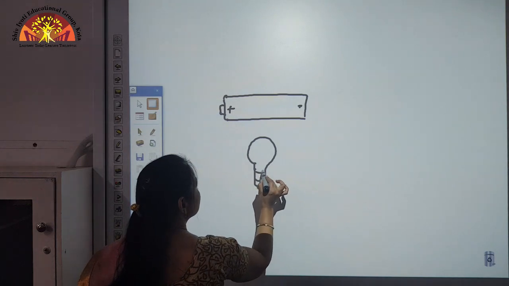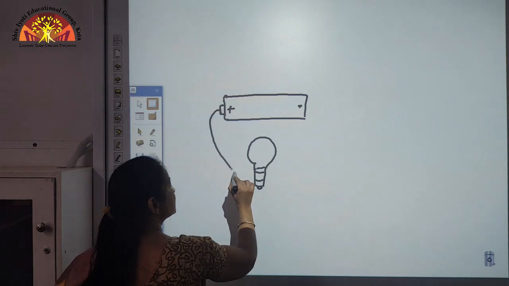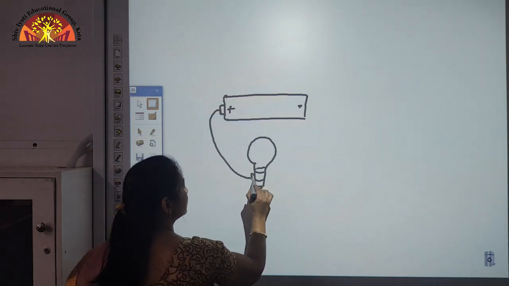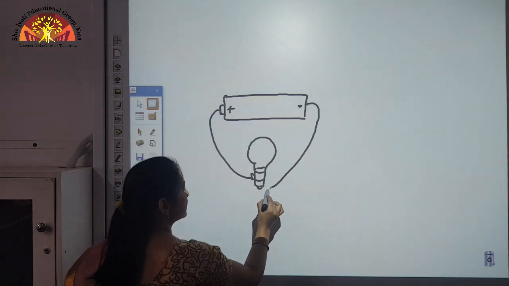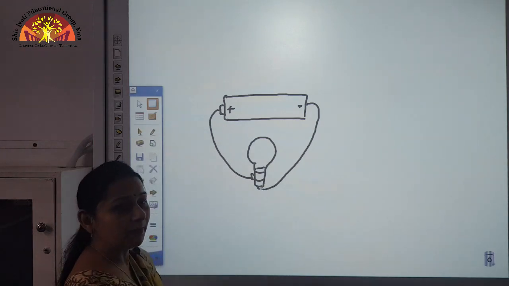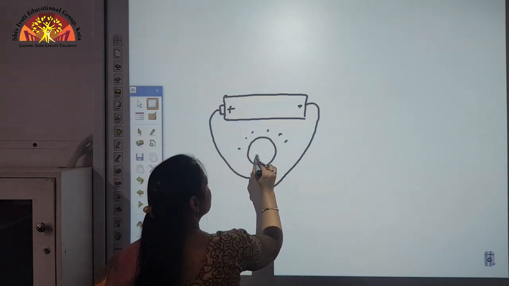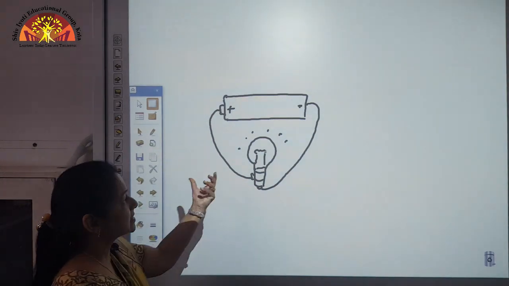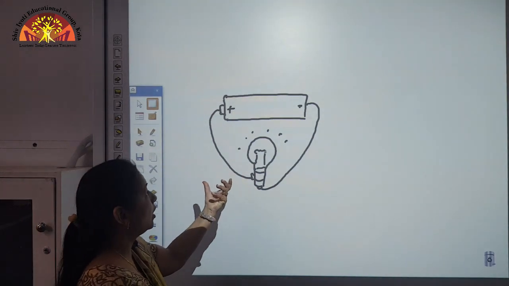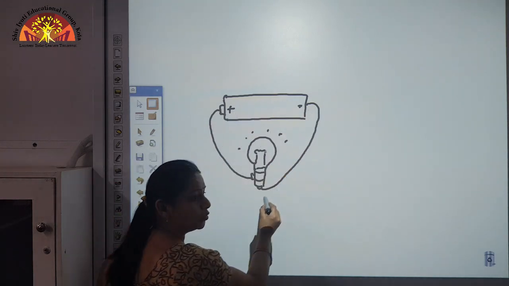If I connect it in such a way that this positive terminal is connected to this end of the bulb and this negative terminal is connected to the tip of the bulb, in this case the bulb will glow. As you can see, this is the structure of a bulb. In this case the bulb will glow because it is forming a complete loop.